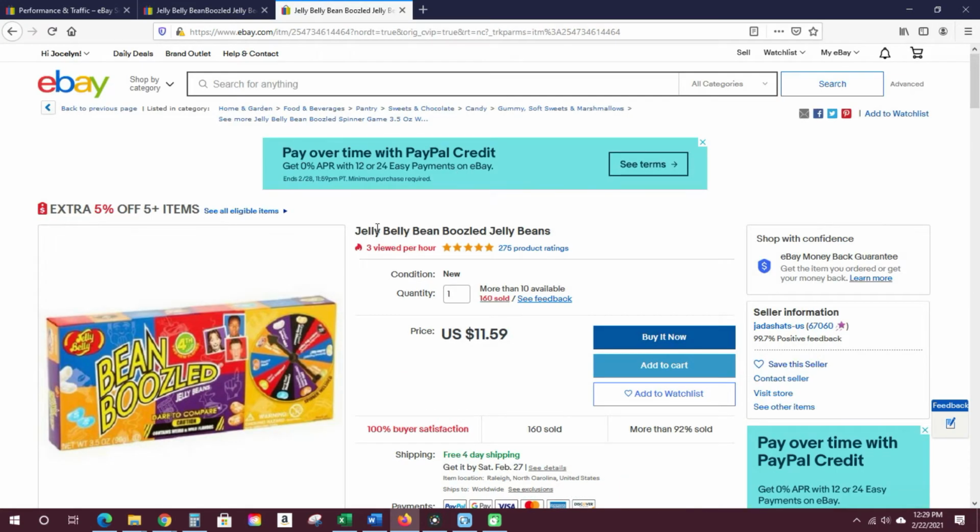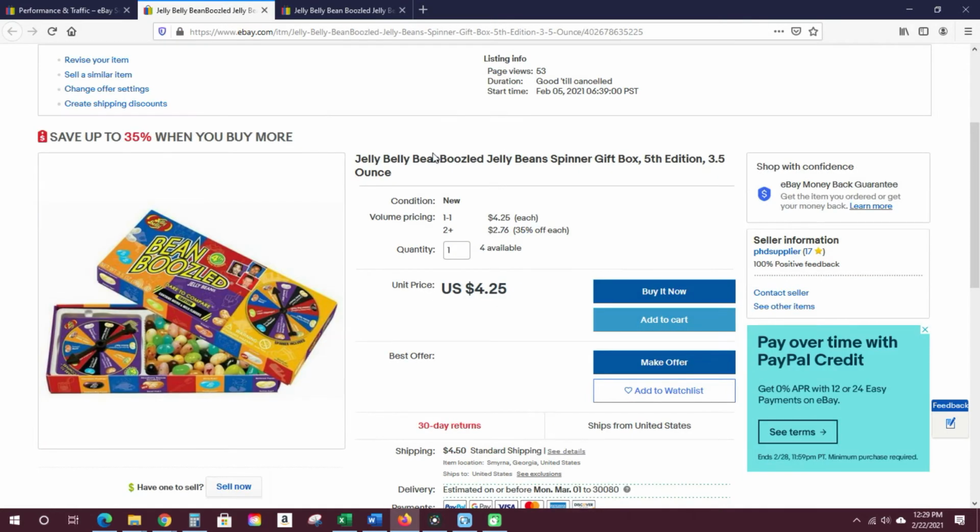So the thought is, for this item, if I was struggling, I would want to double check the type. They have Jelly Bean Boozled, and I have Bean Boozled. So I might change it to actually separating out the Bean Boozled part, and maybe at the end, instead of putting 3.5 ounces, I would put Bean space Boozled. The other thing I could do is this might be a product where somebody's clicking on give me free shipping.